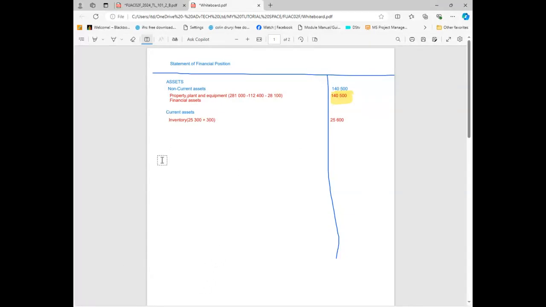And then the next thing that you're gonna put here, we're gonna deal with what we call trade and other receivables. And again, it's a note. You can write this note down. For you to find the trade and other receivables, you need the following.